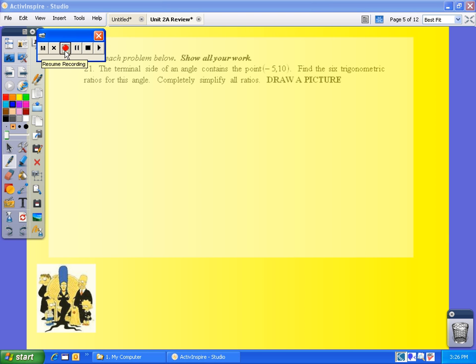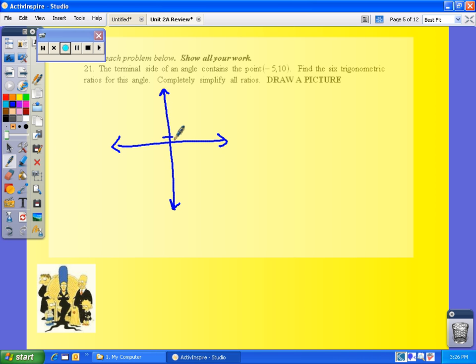Okay, this says show all your work. So make sure that you show everything, and if it says draw a picture, draw a picture. So I'm going to draw a set of axes. And it says that the terminal side of an angle contains the point negative 5, 10.